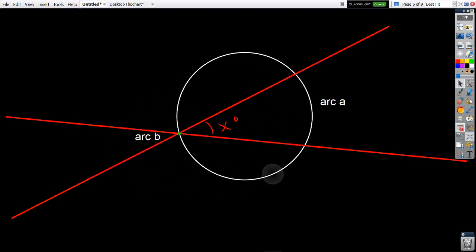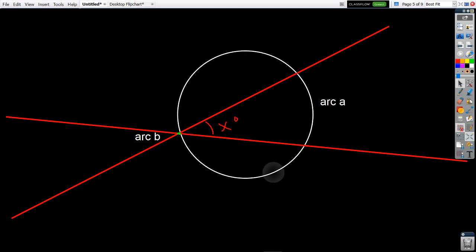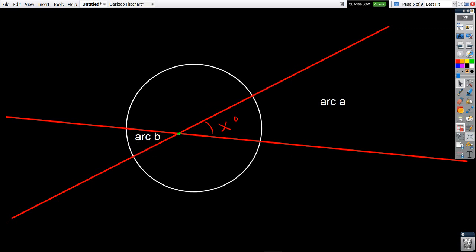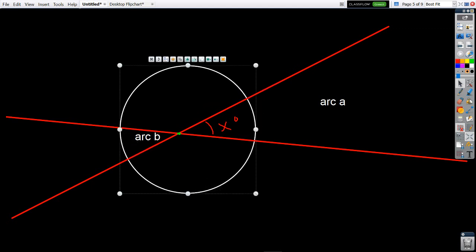So right here, arc A has all of the angle X's relationship. And as I move the circle to the left, arc B grows as arc A decreases. So when we add those two arcs together, if I was to go, you know what?